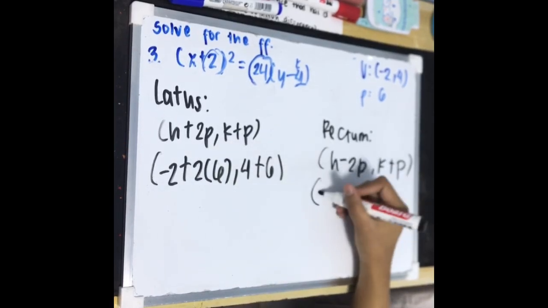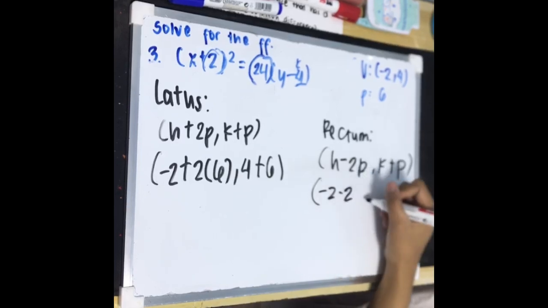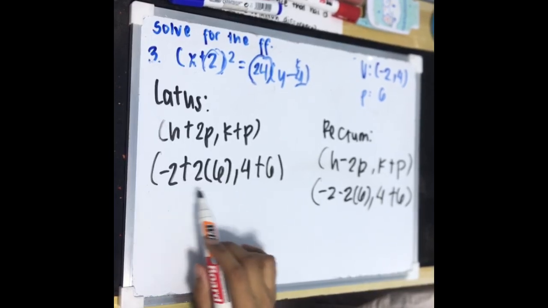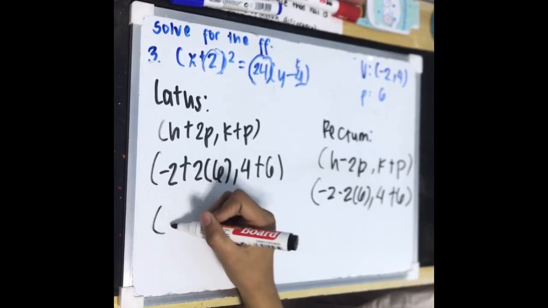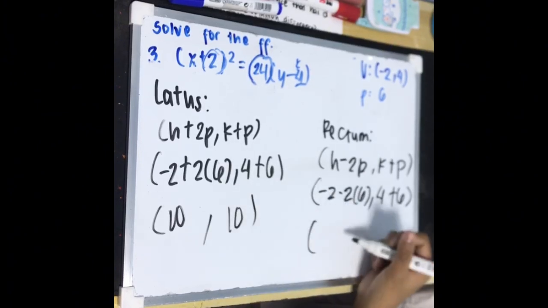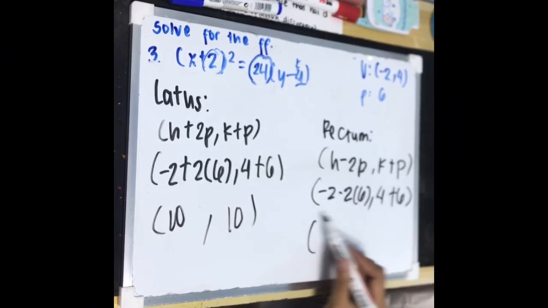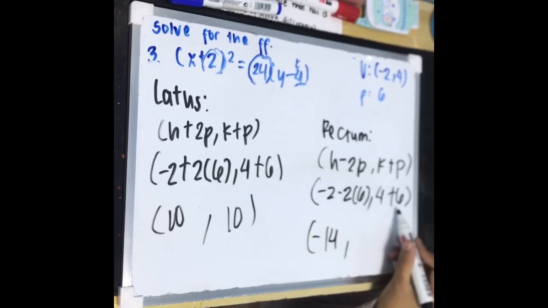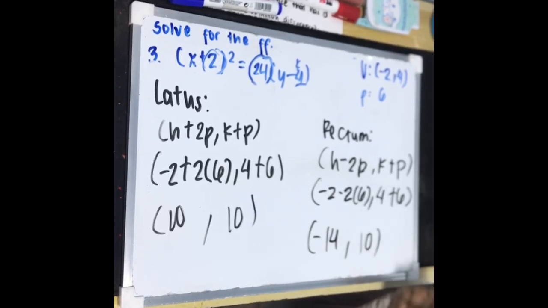For the other, h is negative 2 minus 2 times 6, and k is 4 plus 6. When you calculate this, the first answer is 10 for 4 plus 6, and for the other the x-value is negative 14, and 4 plus 6 is 10. So, this is the latus, and this is the rectum.